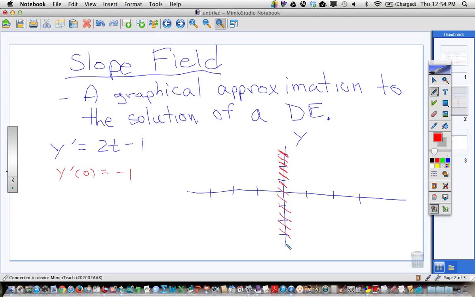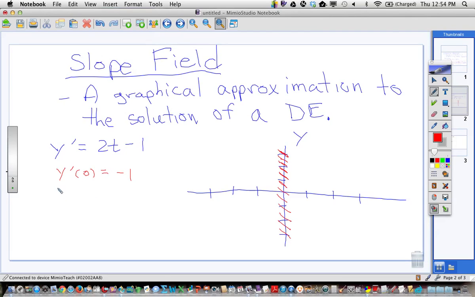It's going to be doing that. We call those slope segments. Those are little slope segments. When I draw the y graph, when it goes through t equals 0, which is the y-axis, it's going to have a slope of -1. Does that make sense?